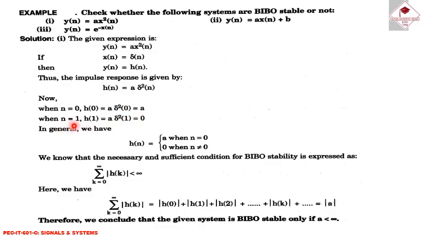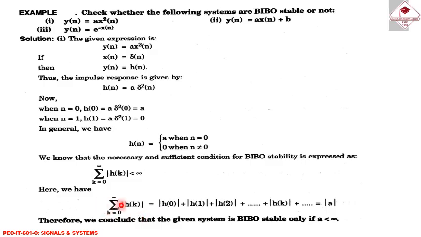And whenever n is equal to 1, h[1] is equal to a times delta squared [1], that is 0. So in general, we can write h[n] equal to a for n equal to 0, and its value is equal to 0 for n not equal to 0. The necessary and sufficient condition for bounded input bounded output stability can be expressed as the summation of k equal to 0 to infinity mod value of h[k] less than infinity.